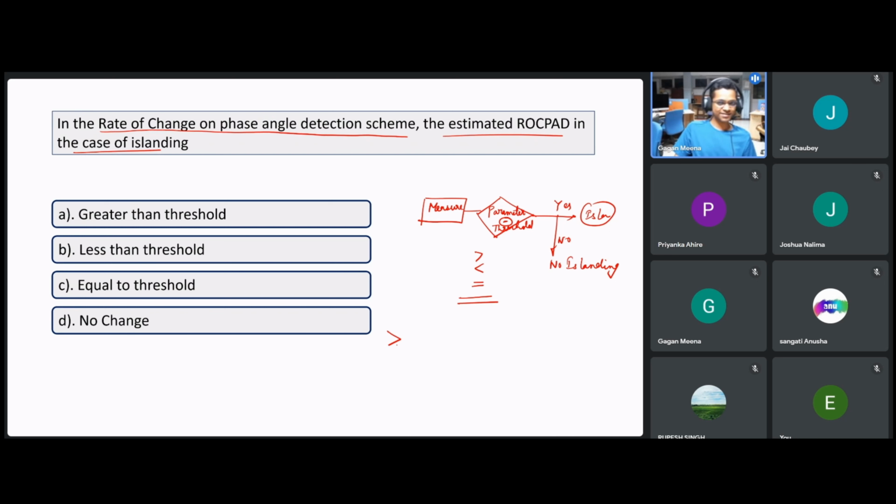When we're talking about a minimal threshold, then it has to be greater than. If it is less than, it will never happen. So whatever we are measuring, these measured parameters, they should be greater than the threshold always for all the passive techniques, even in the active or hybrid that we use. In all these techniques, we check this.